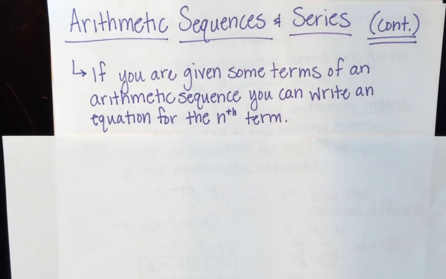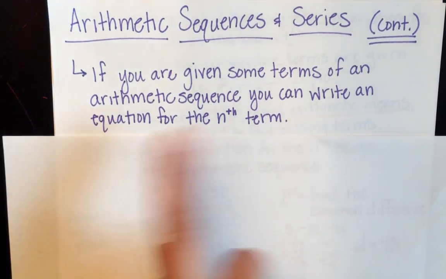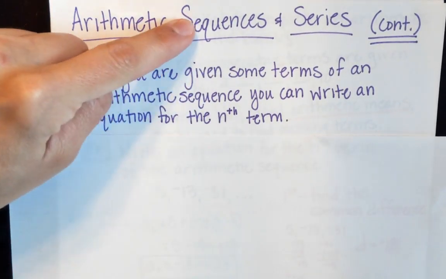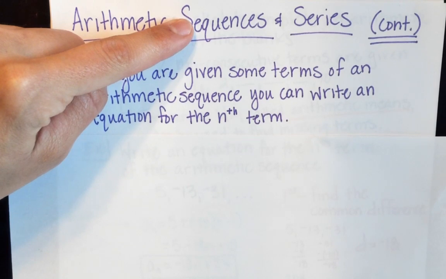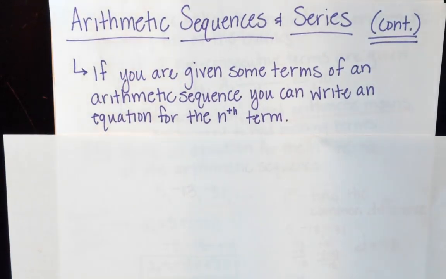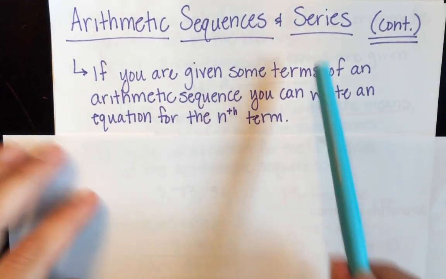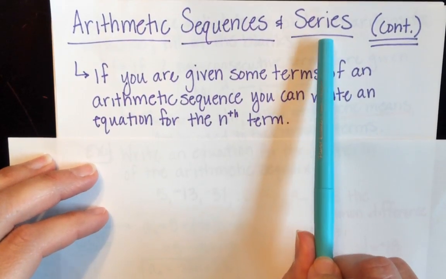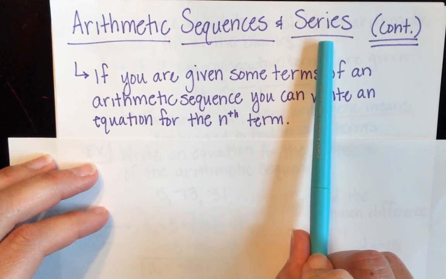As you are either listening or copying as we go, the arithmetic sequences are what we worked on Monday, where it was just a list of numbers and we were looking for the pattern. A series, specifically, and I find this interesting, means when you add them all up.